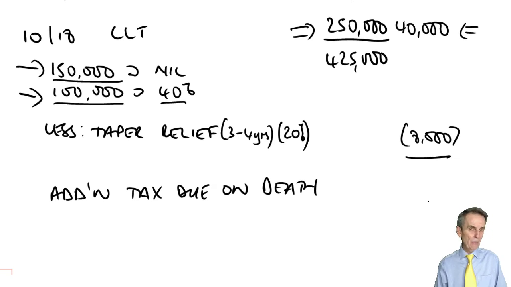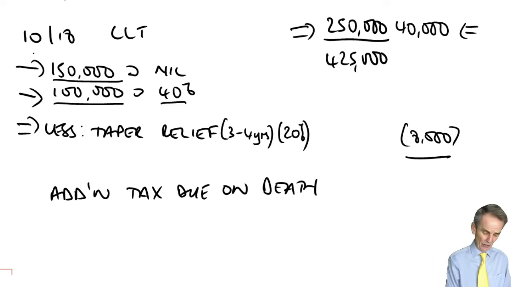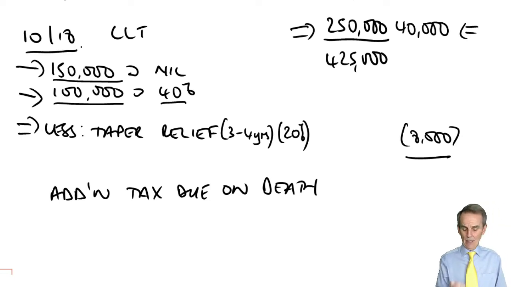But of course, that then may be reduced by either of two things. First of all, the taper relief. Although dying within 7 years of the date of the CLT, has our taxpayer survived for at least 3 years? So the date, October 18, October 19, October 20, October 21.